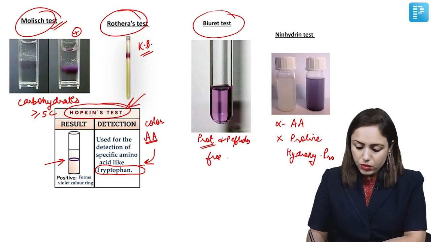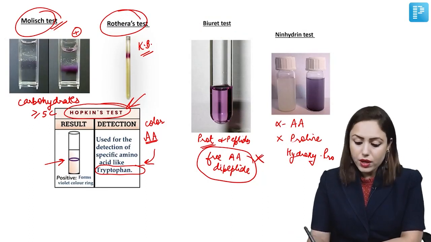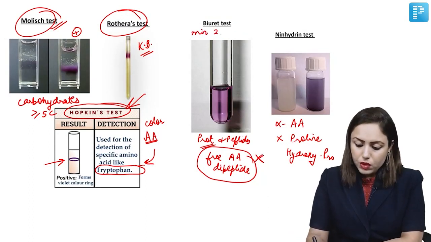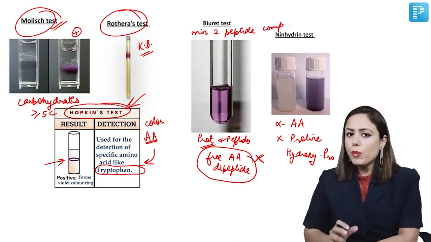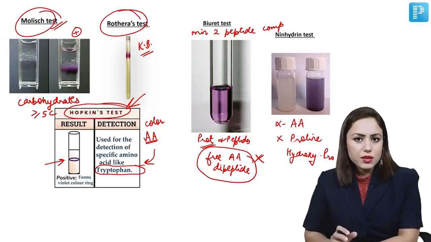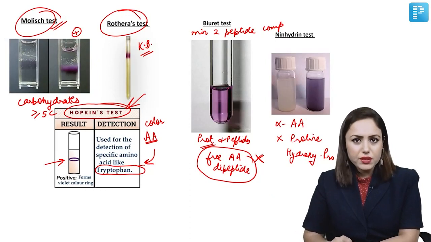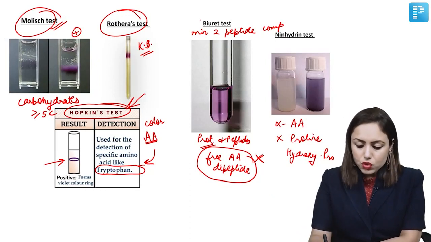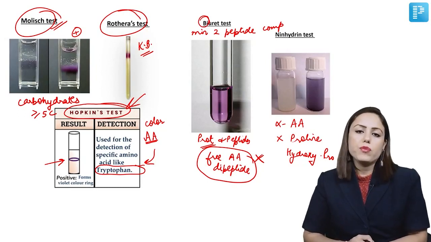A free amino acid or a dipeptide will not give Biuret test positive, because in Biuret test a compound with a minimum of 2 peptide bonds should be there to give this test positive, and 2 peptide bonds are present in tripeptide and other higher proteins and peptides. Okay. So bi means 2, and here it refers to 2 peptide bonds.